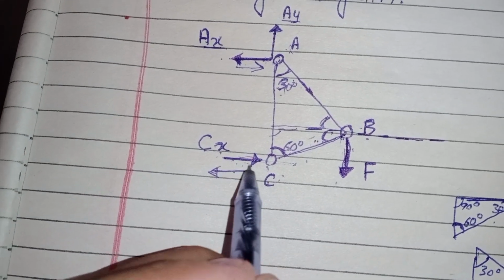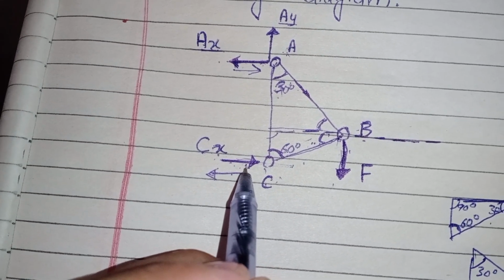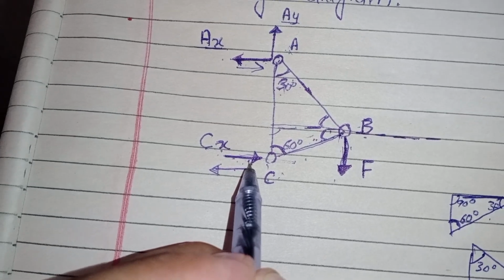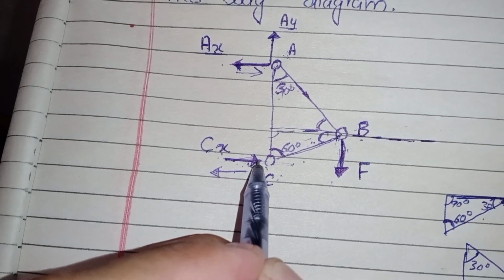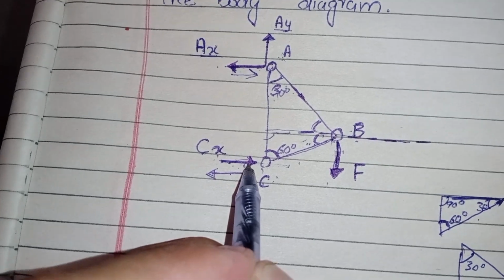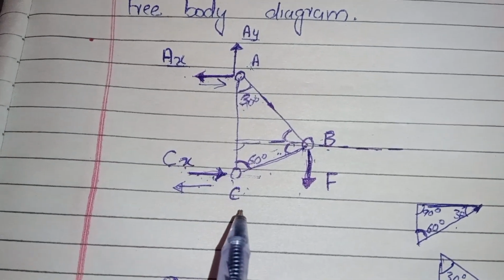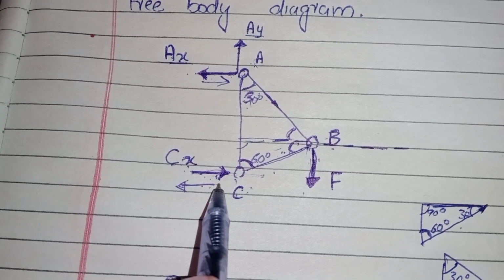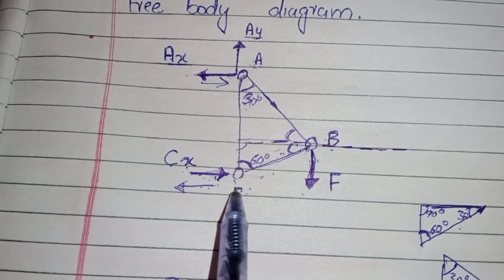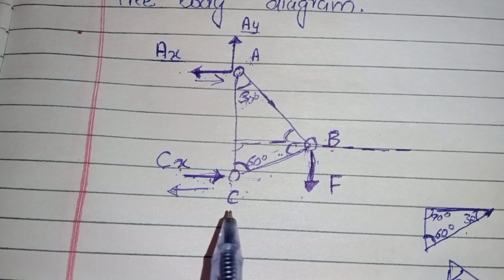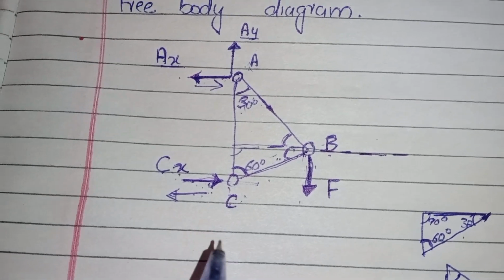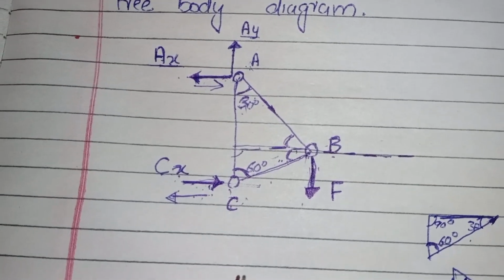I call that a reaction force. This is not a force, this is a reaction force. The reaction force acts toward the left. Okay, I hope this concept is clear to you. If it is not clear, then you can contact me on WhatsApp, or let me know in the comments.